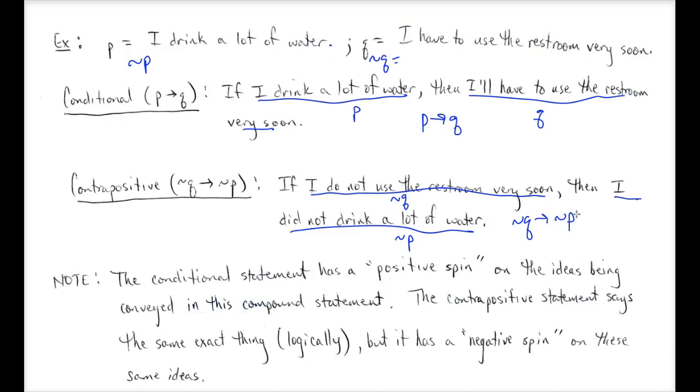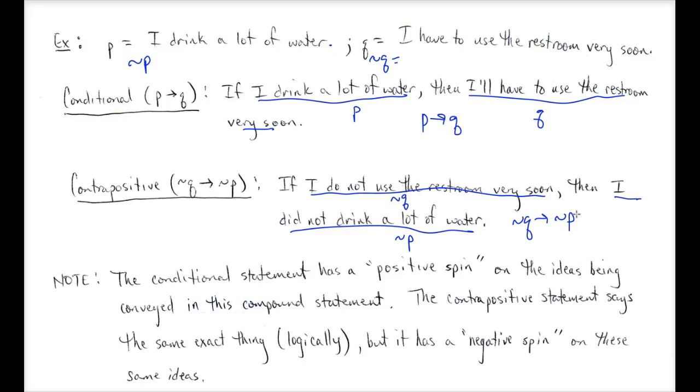Now, the point in this is that when I say if I drink a lot of water, then I'll have to use the restroom soon, and when I say if I do not use the restroom very soon, then I did not drink a lot of water, I am saying the same exact thing logically. The thing is that one of them has a positive connotation to it, one of them has a negative connotation to it. The contrapositive has a negative connotation because I'm using negative words like not.